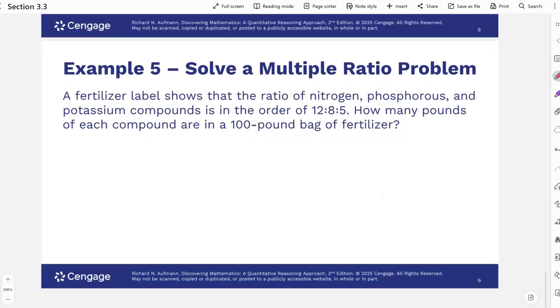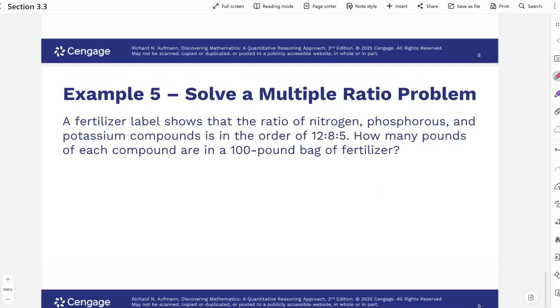So let's look at an example. A fertilizer label shows that the ratio of nitrogen, phosphorus, and potassium compounds is in the order of 12 to 8 to 5. How many pounds of each compound are in a 100-pound bag of fertilizer? So let's figure out the parts here.